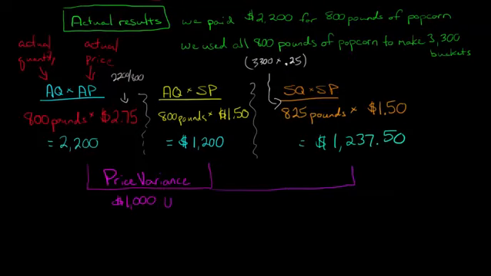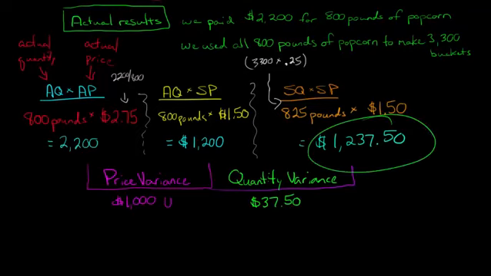So now we're going to have our quantity variance. And that is going to be $37.50.